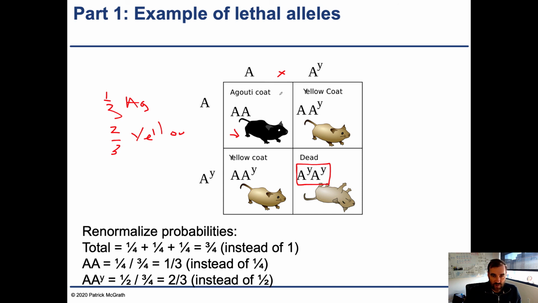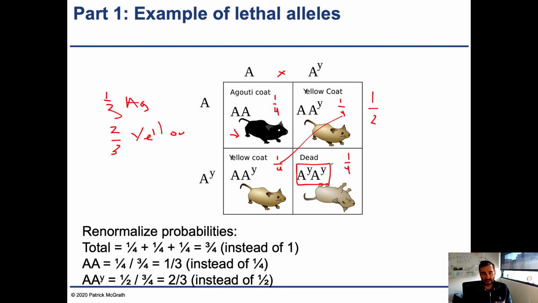Normally each of these genotypes would represent 1/4. So if you added these two up, it would be 1/2 yellow, 1/4 agouti, and 1/4 this genotype.